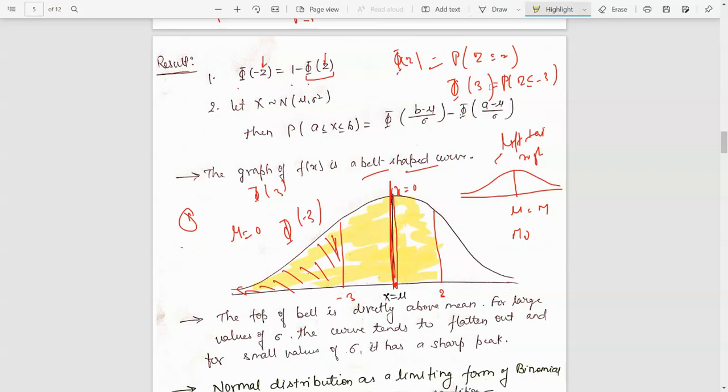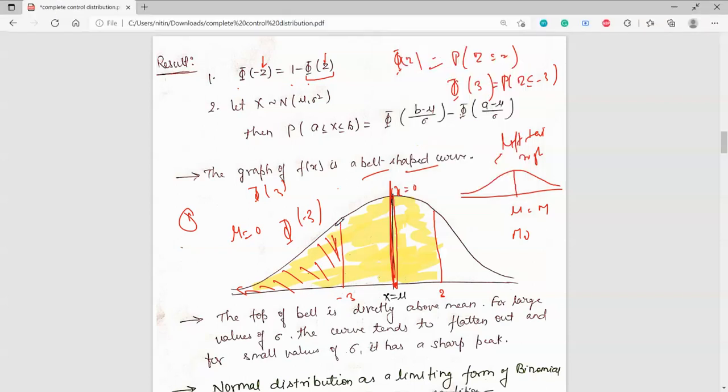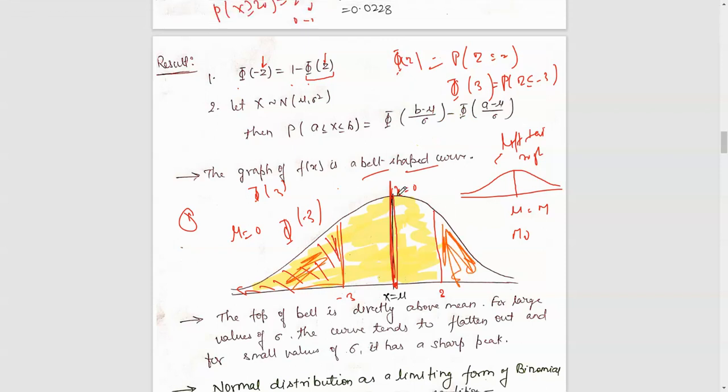We know this curve is symmetrical. If you subtract this yellow region from 1, you get this particular area, and it's the same as this other area, because both sides are symmetrical. The normal distribution curve is a bell-shaped curve, completely symmetrical about the mean. So the area below minus 3 will be the same as the area beyond plus 3.